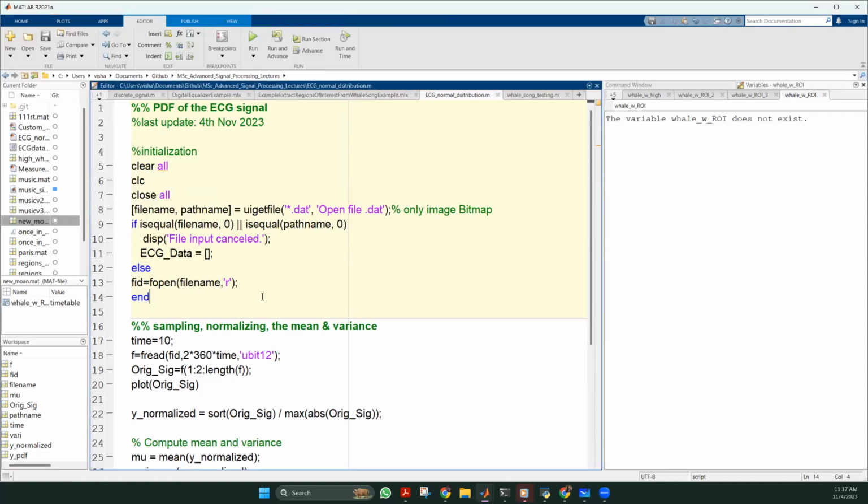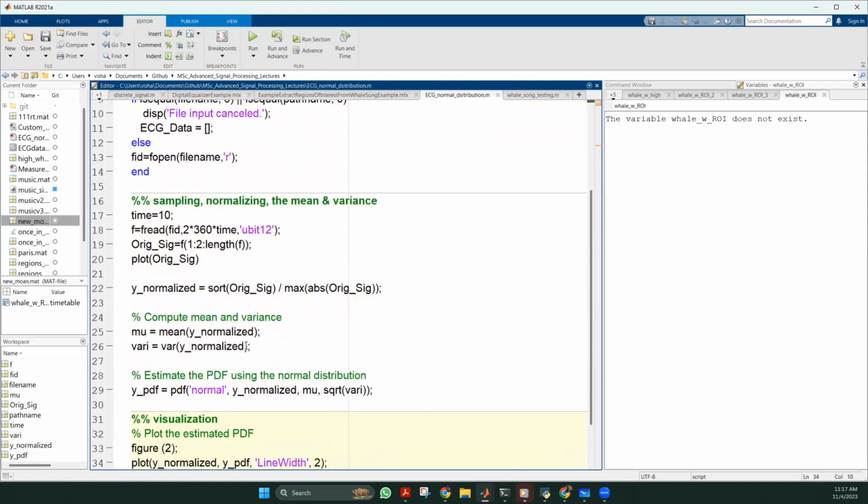Once you give that, I sample the data, and then I normalize the data. Normalizing means that I try to bring the data within a certain range.